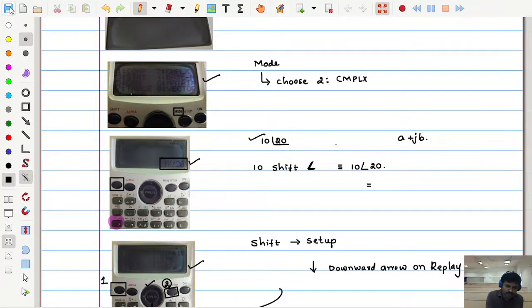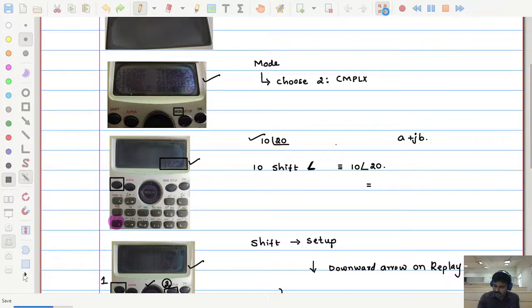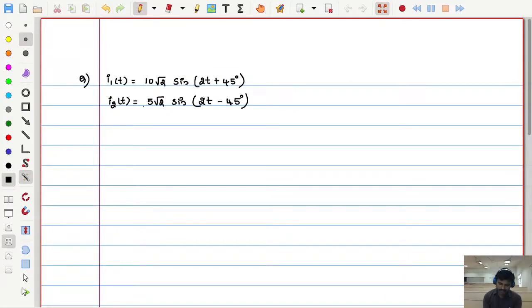Let me show some calculations out of this. These are I1, I2. The objective is to find I1 of t plus I2 of t.